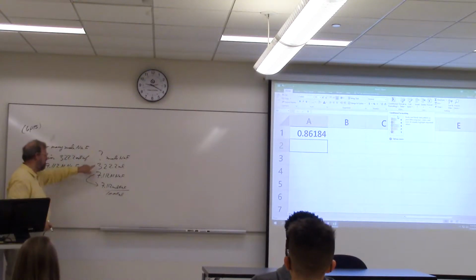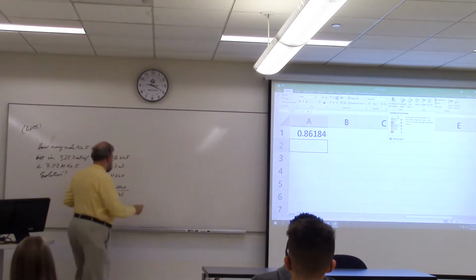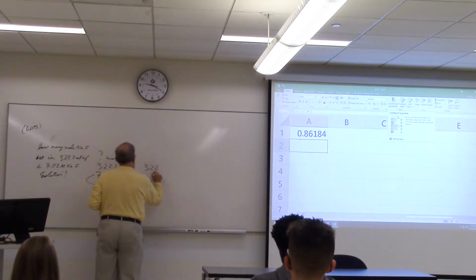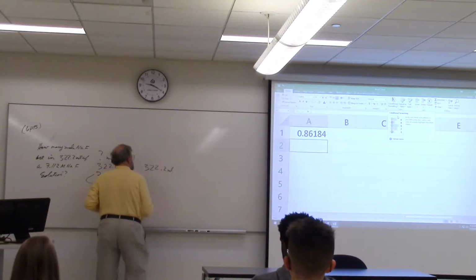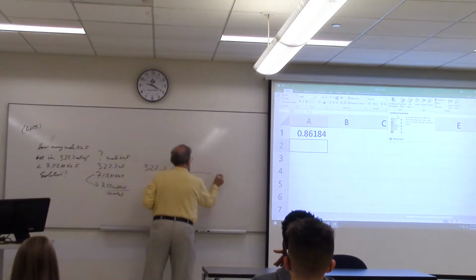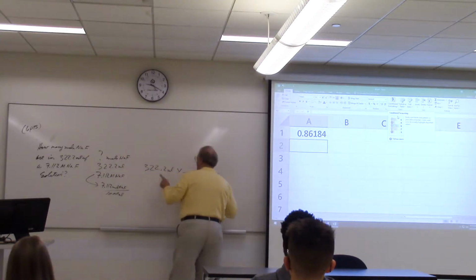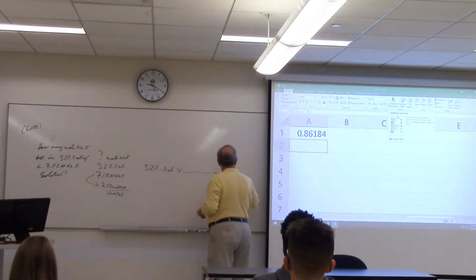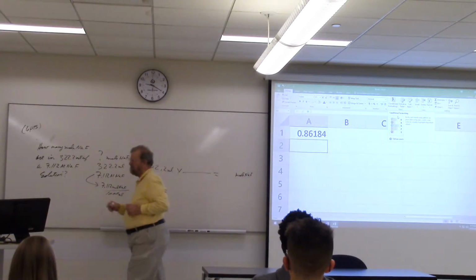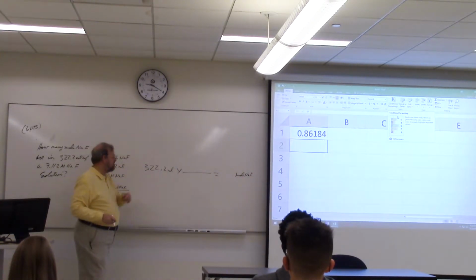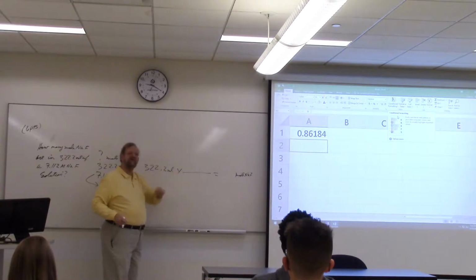And now the real number we really have to start with is this. And what are we trying to go to? Moles sodium fluoride. And if we look at this, it's time to use unit analysis.